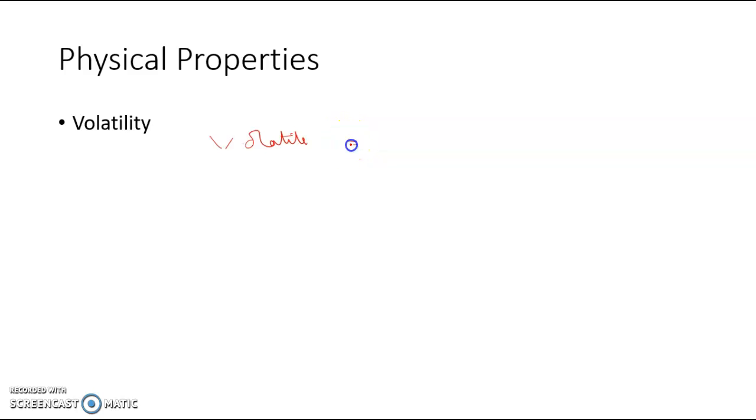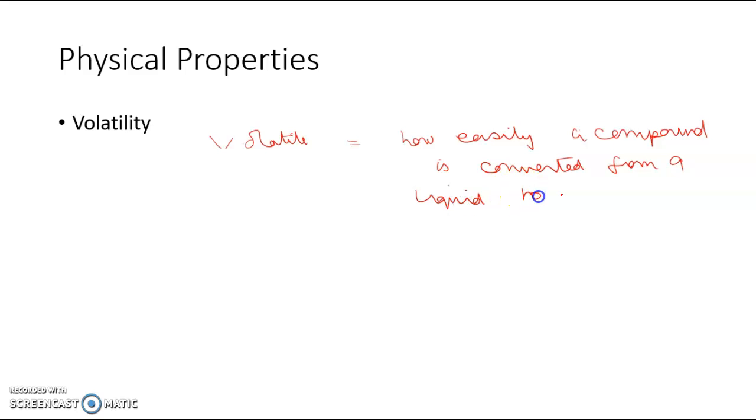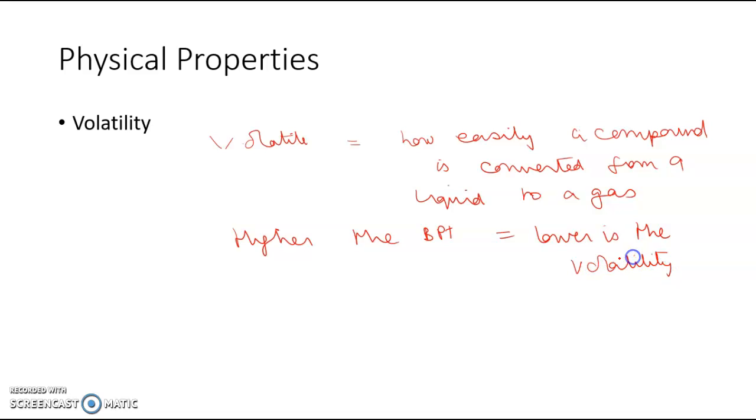Volatile indicates how easily a compound or a material is converted from a liquid state to a gas. So the clue is, the higher the boiling point, the lower is the volatility.